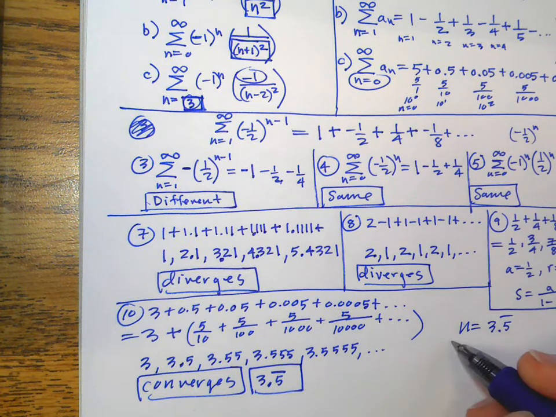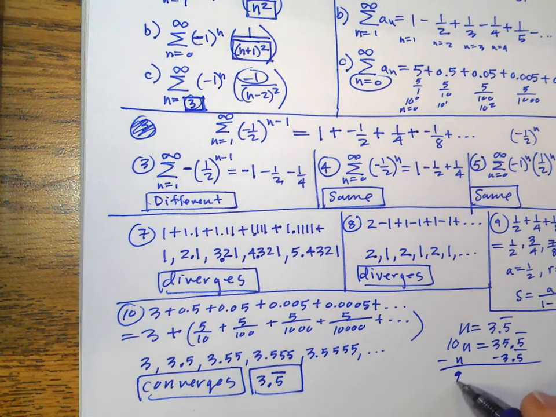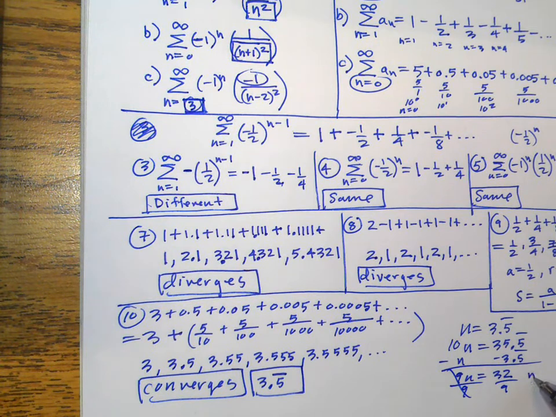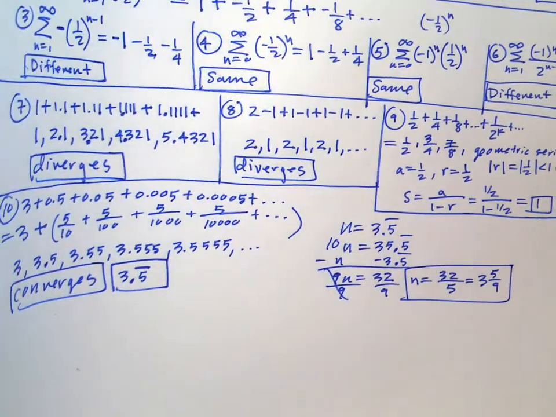You can multiply by 10, and then you could subtract n, and we could get a fraction for the answer. 32 over 9 is 3 5/9. That is also another version of it, using that trick from Calc AB.